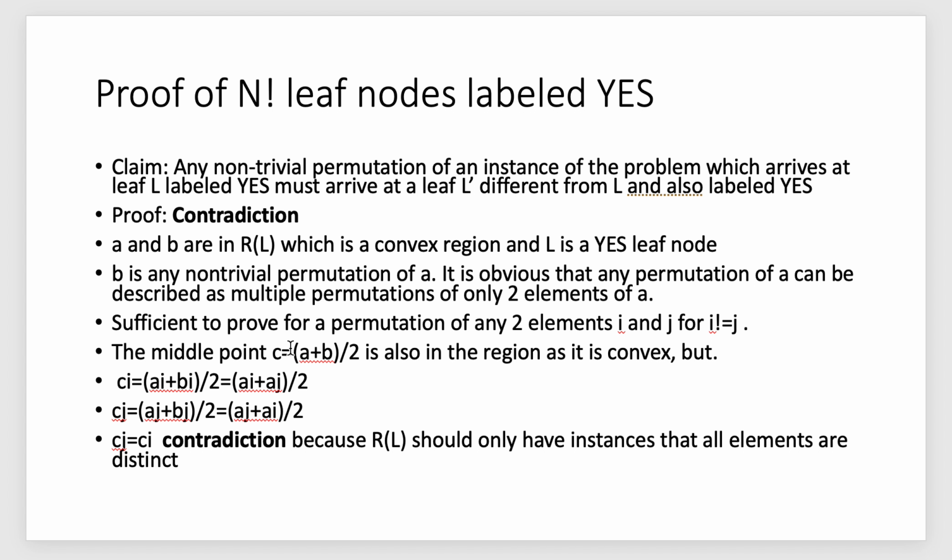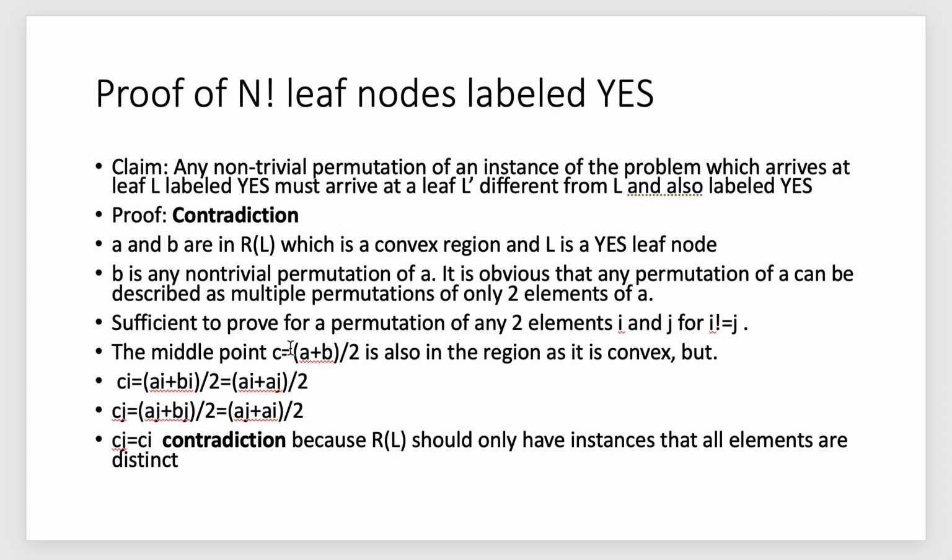And Cj is (Aj + Bj)/2. But Bj is also Ai because I switched them. So Cj is equal to (Aj + Ai)/2. What I got here is that Ci is equal to Cj.